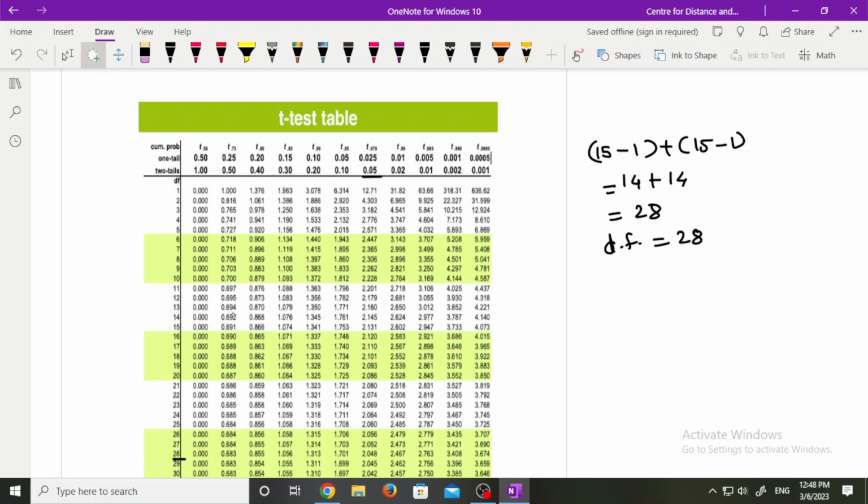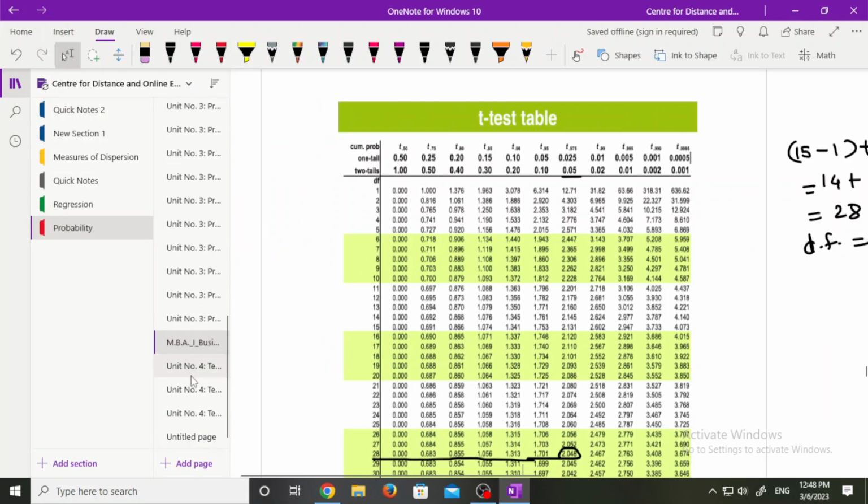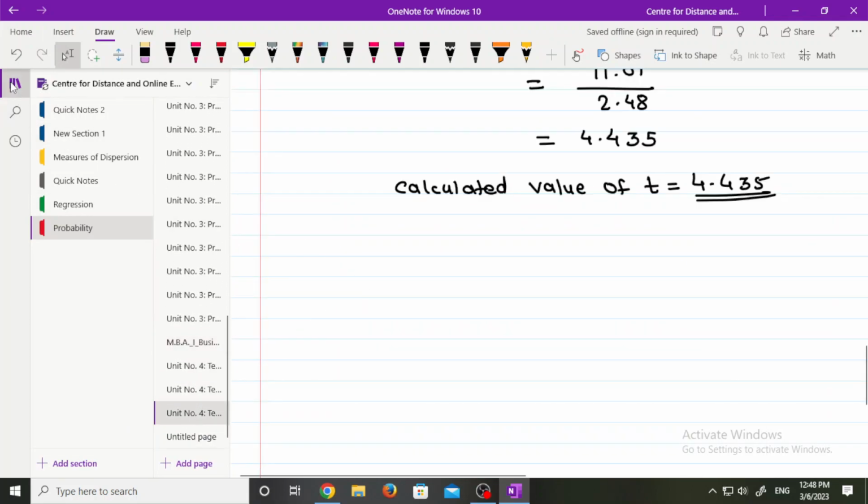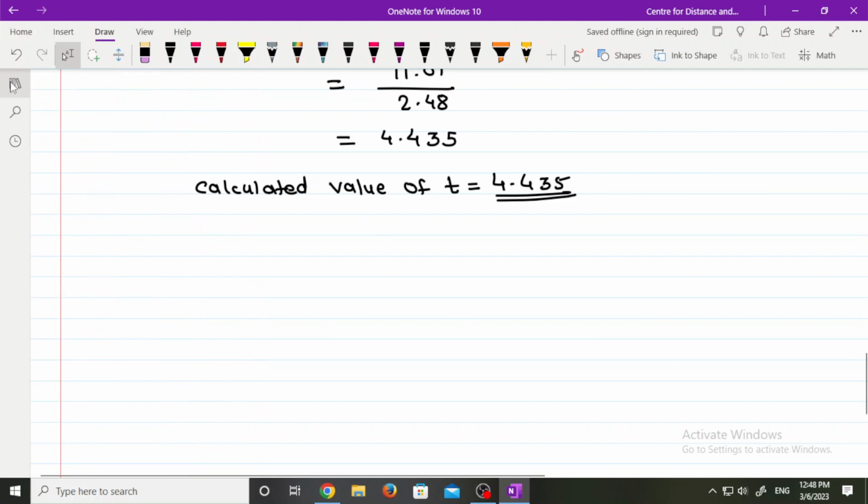So for 28 degrees of freedom at the 5% level of significance, the value is 2.048. So we get the table value as 2.048.